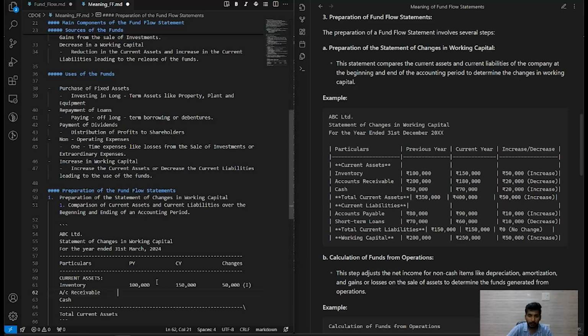Then accounts receivable, that means my debtors. It was 2 lakh in the previous year, but it is 1,80,000 in the current year. That means my debtors have decreased. This is a decrease of 20,000, which is unfavorable.